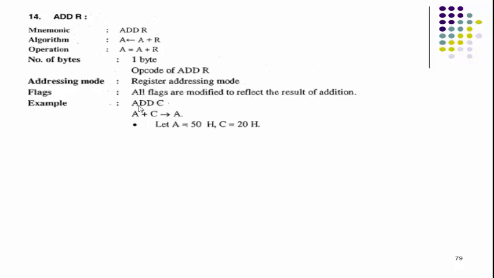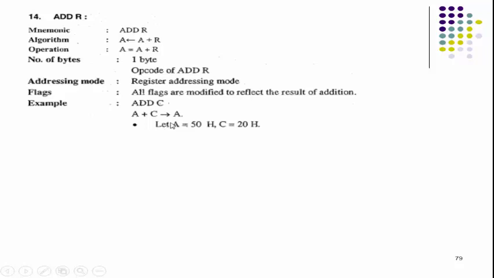So take a simple example, ADD C: add accumulator content with the specified register, that is C register, and store the result in the accumulator. So the accumulator content gets overwritten with the result.